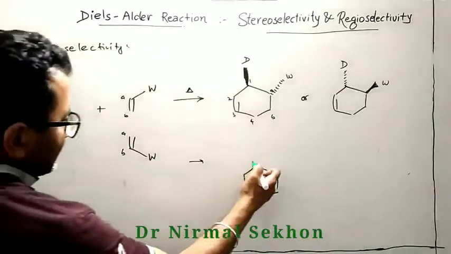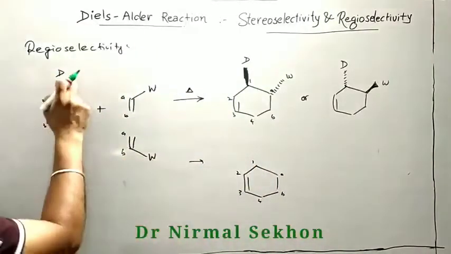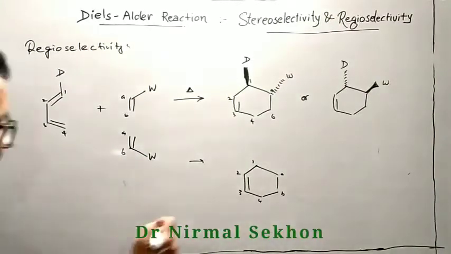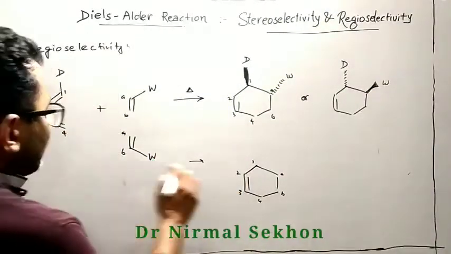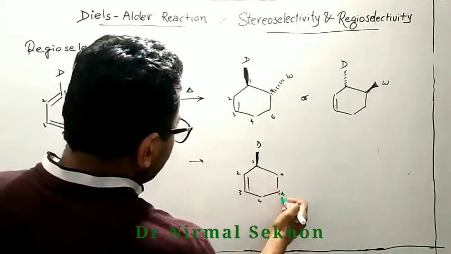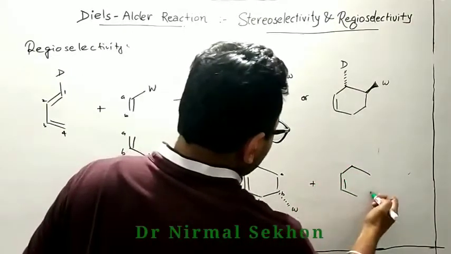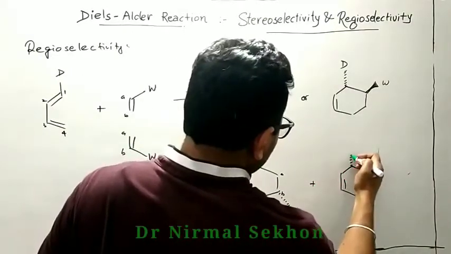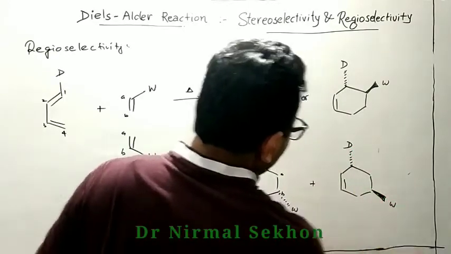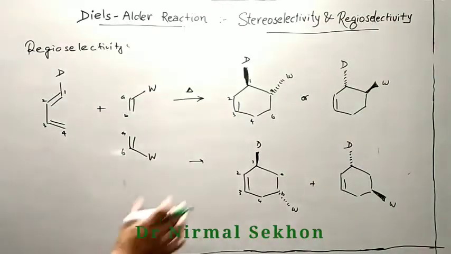Now this is your 1, 2, 3, 4, A and B. Now at 1 we have a D, at 4 we have a W. So then we have to write here D and W, plus the second possibility where we have a D and we have a W.